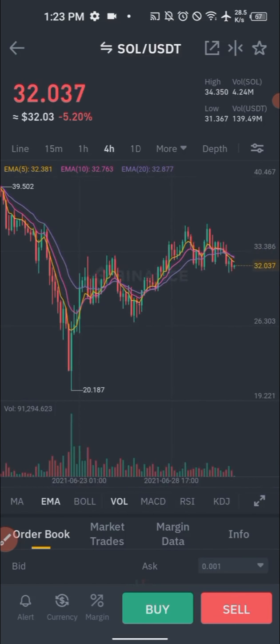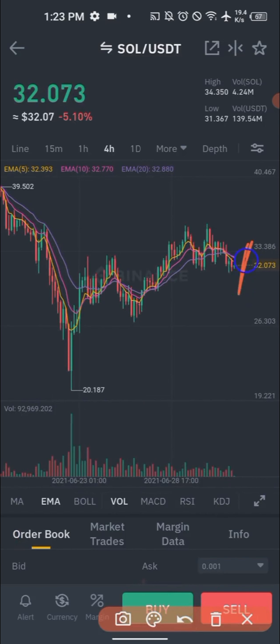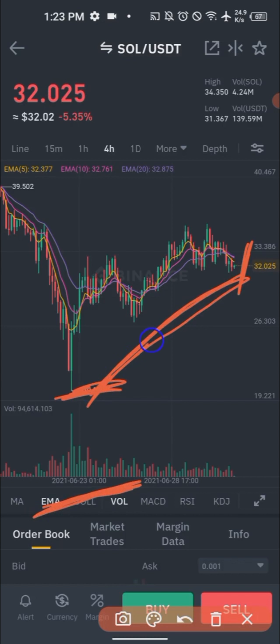This is the present price, and this is the lowest point, at least in the recent past, which was on the 23rd of June. So this tells you that the gap between here and here was about 60%. Do you understand? So those who bought here at this point, when it was 20, are making about 60% profit now.